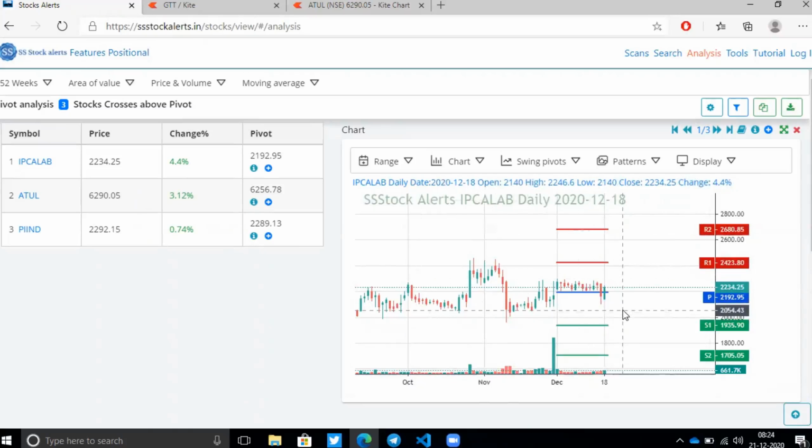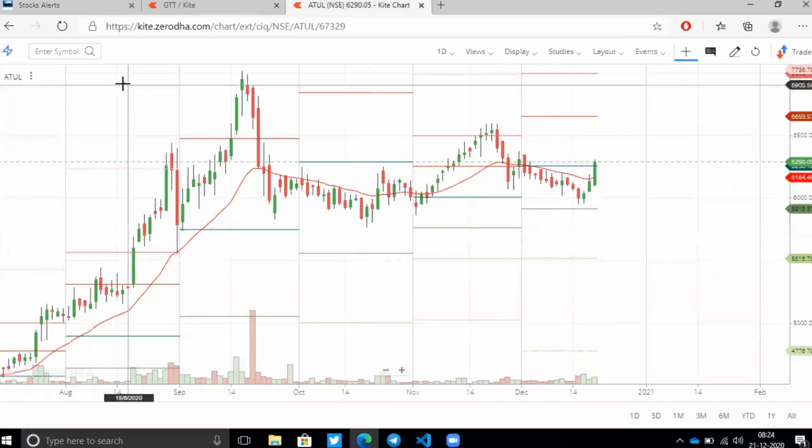Here you see the stock was trading above the pivot point for some days. Suddenly it gave a breakdown, but the buyers jumped in and it closed above the pivot point. Let me show you the same chart in Zerodha, so that we can see exactly what is happening.